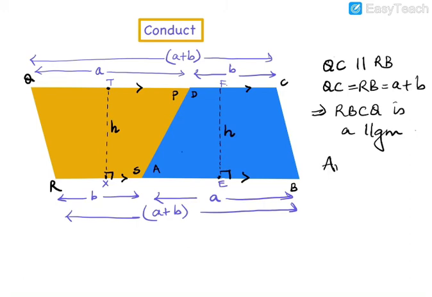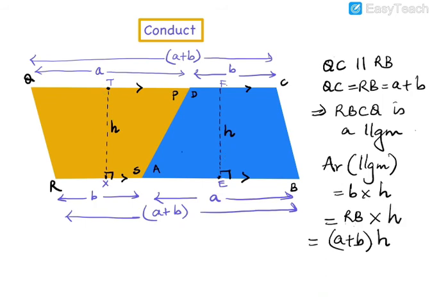And we have already established that the area of a parallelogram is base into height. Now the base of this parallelogram is RB and the corresponding height is marked as H in the figure. Substituting RB as A plus B, the area of this parallelogram is equal to A plus B times H. Now this parallelogram is made using two trapeziums.